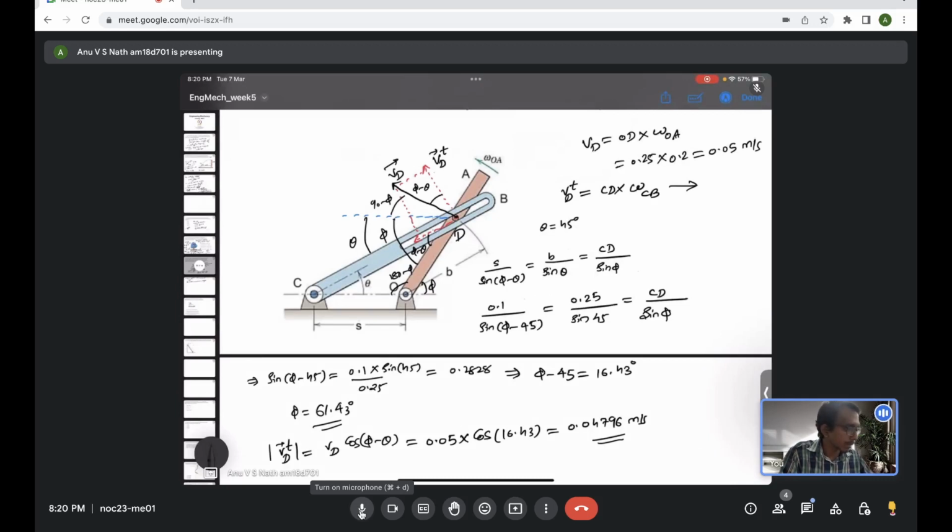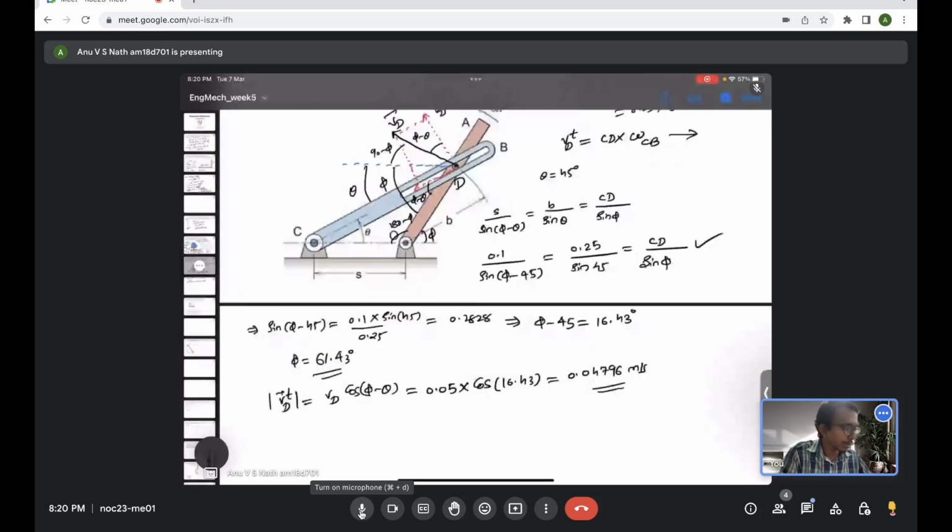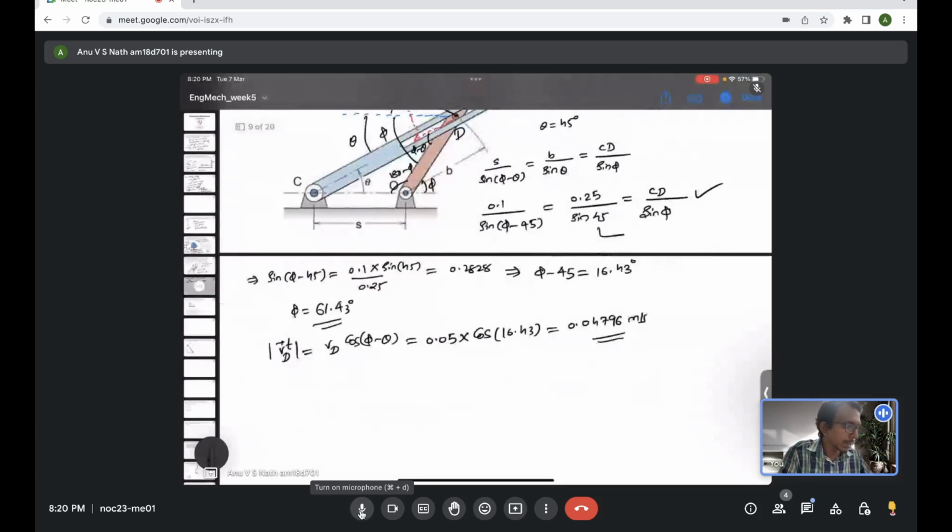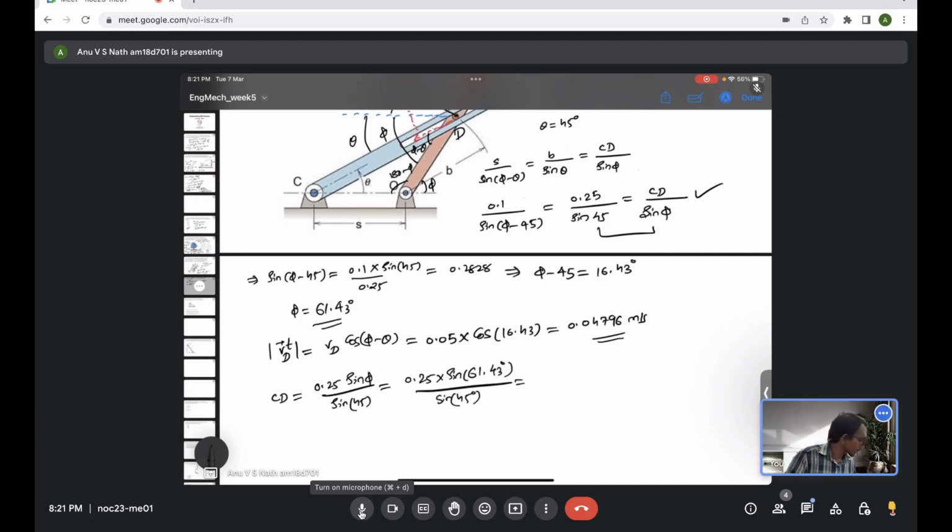But from this expression, the sine law, now if you use the second and third of the terms in the equation to be equality, then we can rearrange it to write CD equal to 0.25 into sine phi by sine 45. Now here phi is known, right, because we already evaluated phi. So it's 0.25 times sine of phi, which is 61.43 degree, divided by sine of 45 degree. So just evaluate it.